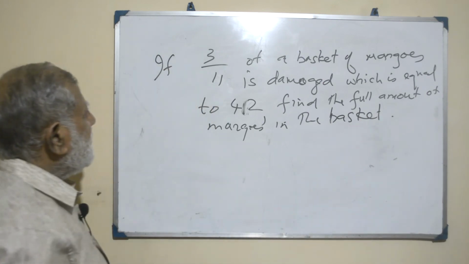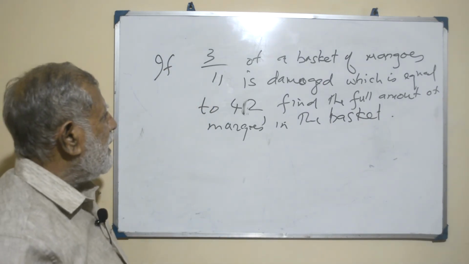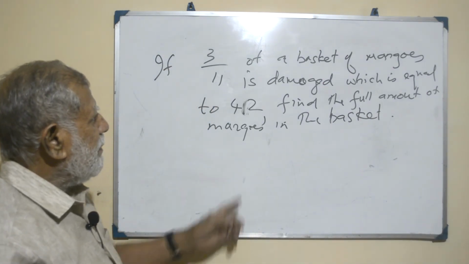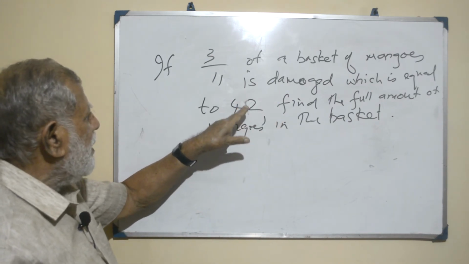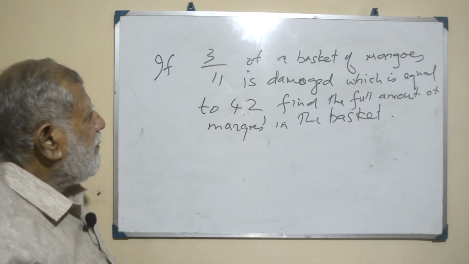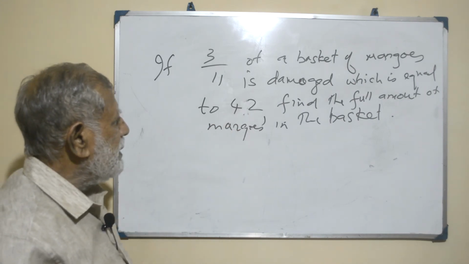Look, if 3/11 of a basket of mangoes is damaged, which is equal to 42, that is, the damaged mangoes is 42. Find the full amount of mangoes in the basket.